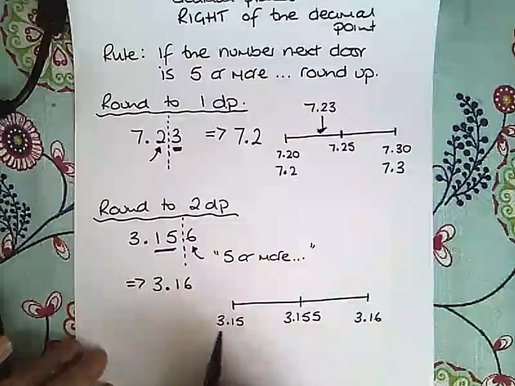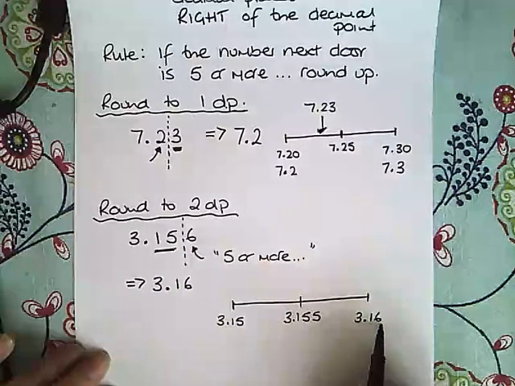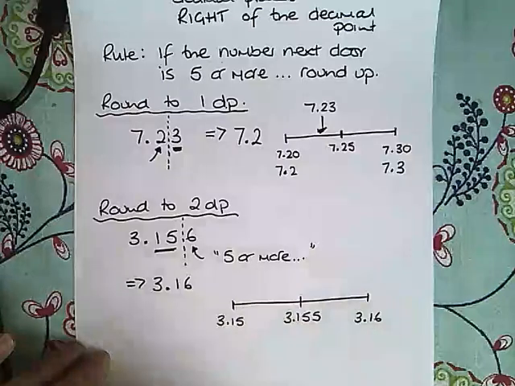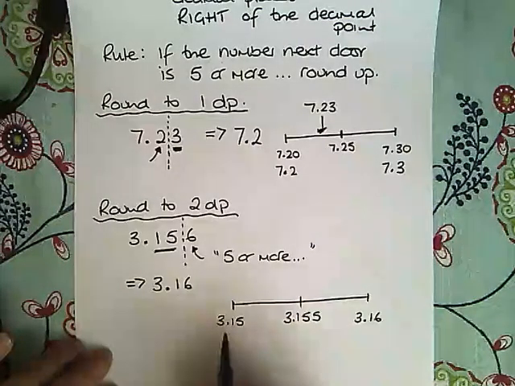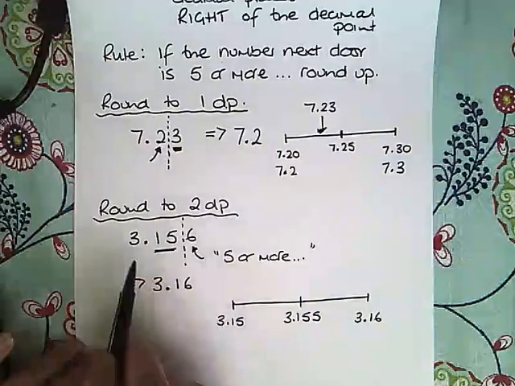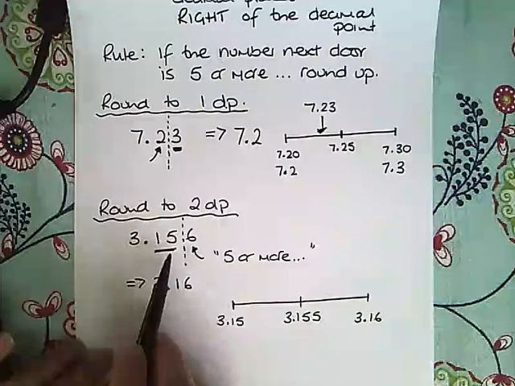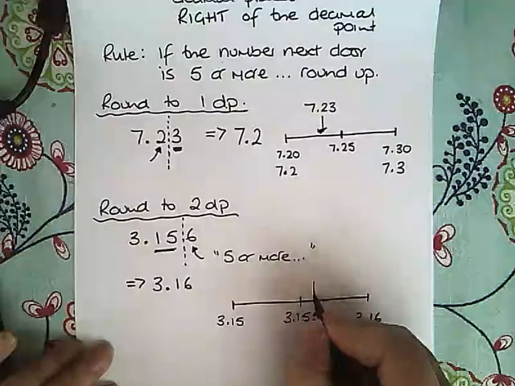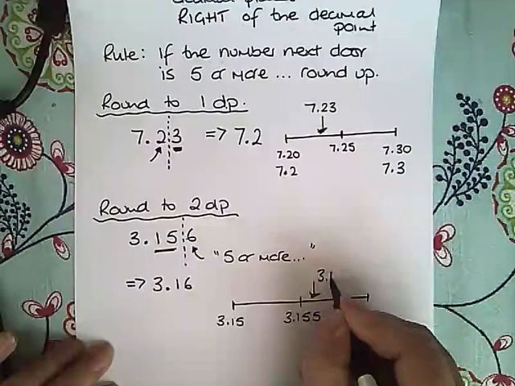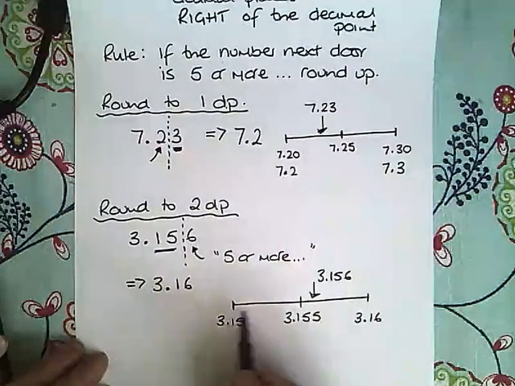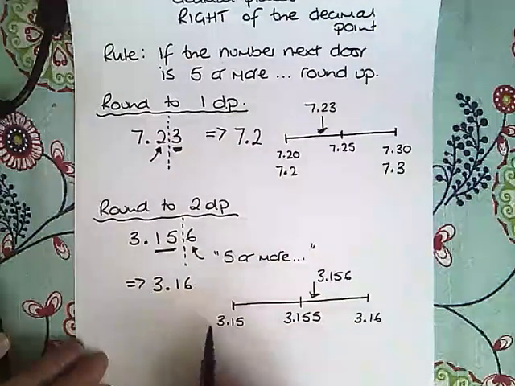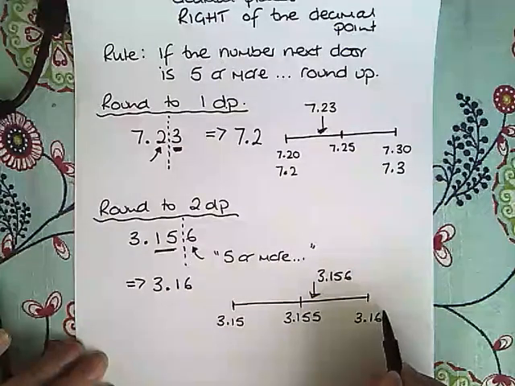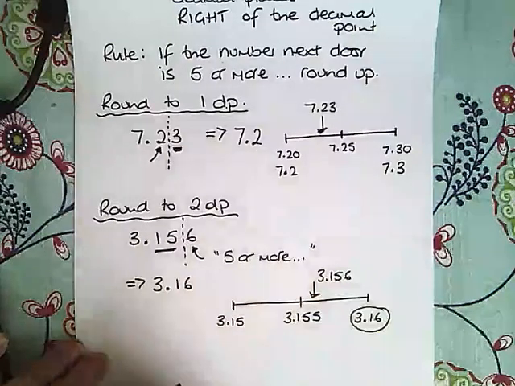This is a bit like 150, 160 and 155, which is in the middle. But I'm keeping these to 2 decimal places. My original number, 3.156, is somewhere here. And as we can see on that number line, when I'm just talking about 2 decimal places, it is closer to this end of the 2 decimal places.